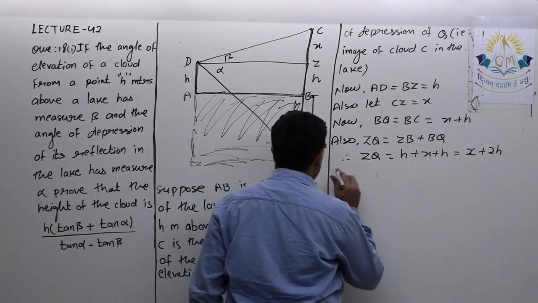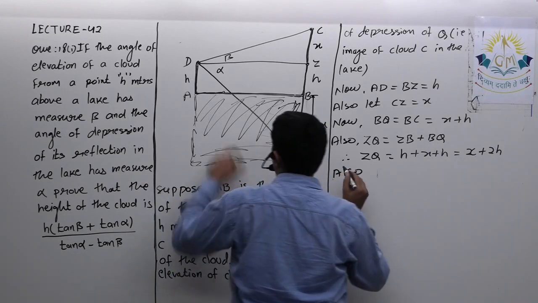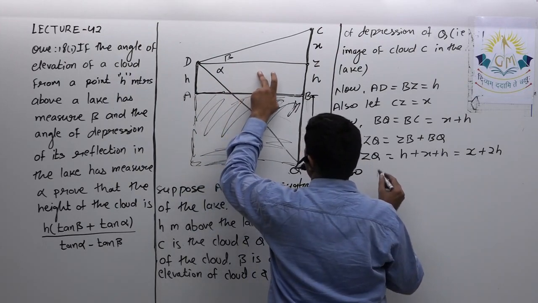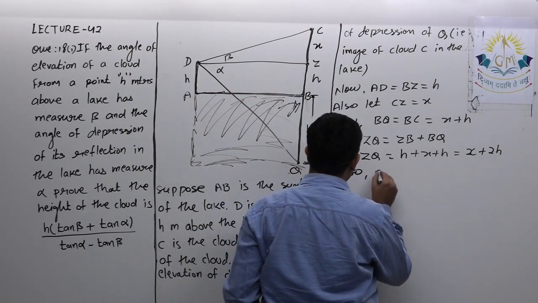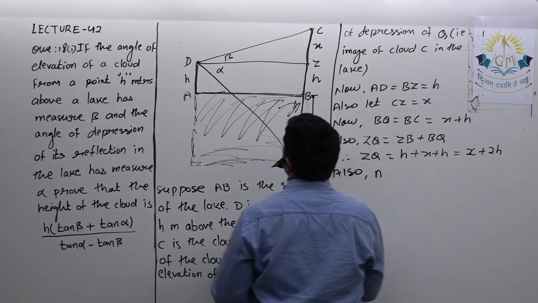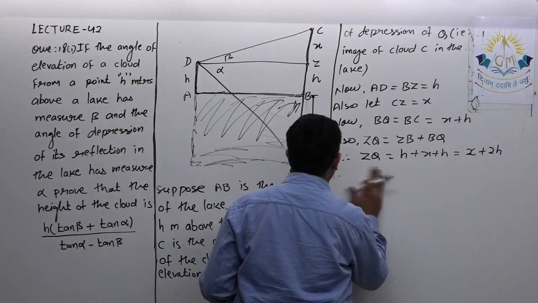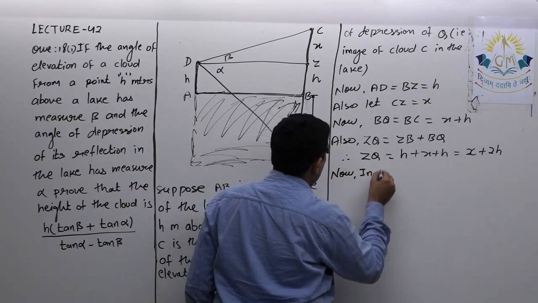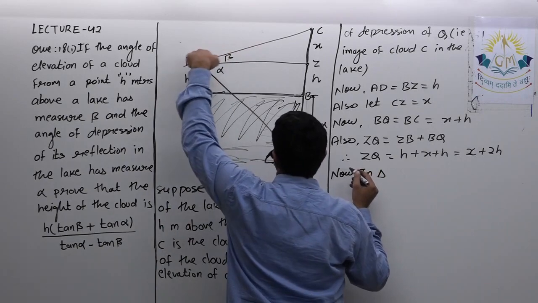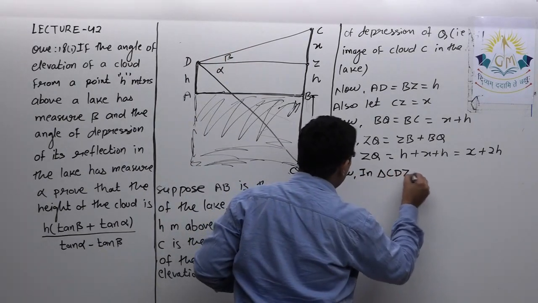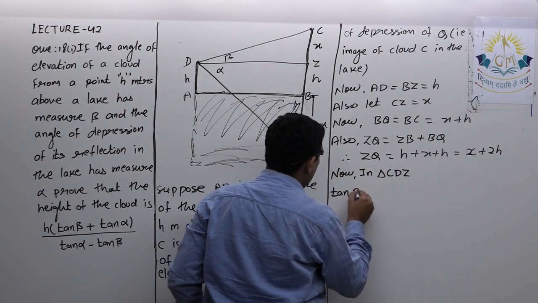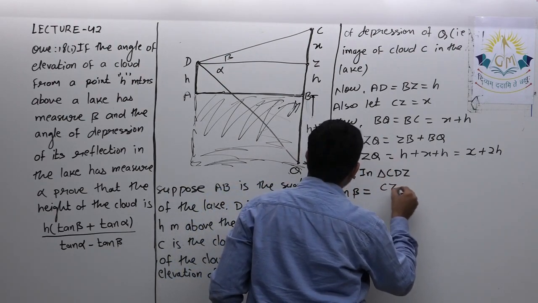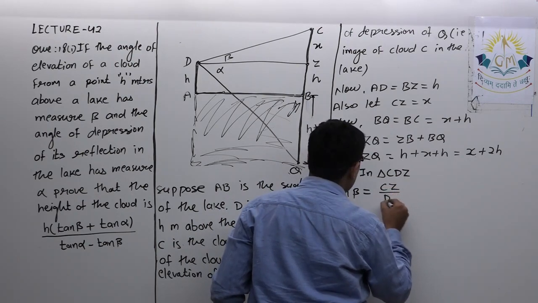One thing more we will say also, I need this DZ and AB as well. Okay, DZ actually I need. Here I can say DZ, not actually required, so let it be like that only. So now first I am taking triangle CDZ. In triangle CDZ, tan of beta is equal to perpendicular upon base, that is CZ upon DZ.